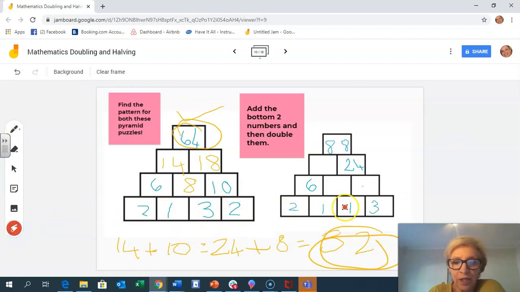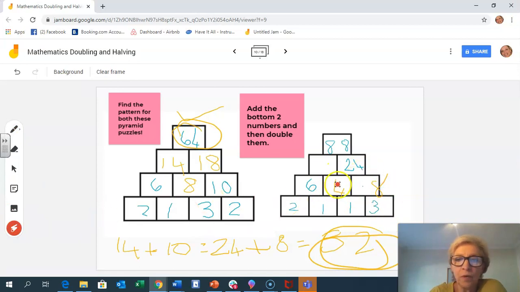So 2 plus 1 is 3. 3 doubled is 6. 1 plus 1 is 2. 2 doubled is 4. 3 plus 1 is 4. 4 doubled is 8. 8 plus 4 is 12.